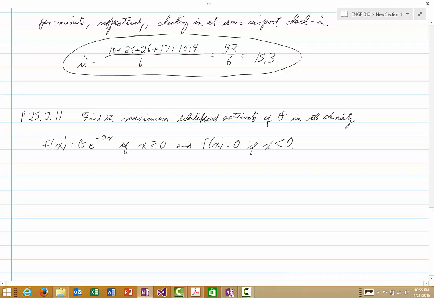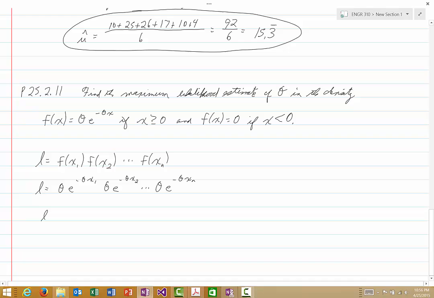So we've already done step 1 here. We have identified the probability density, and now remember that step 2 is to form L. So we have L is equal to f of x1 times f of x2 dot dot dot f of xn. And so this will give us L is equal to theta e to the minus theta x1 times theta e to the minus theta x2 dot dot dot theta e to the minus theta xn.